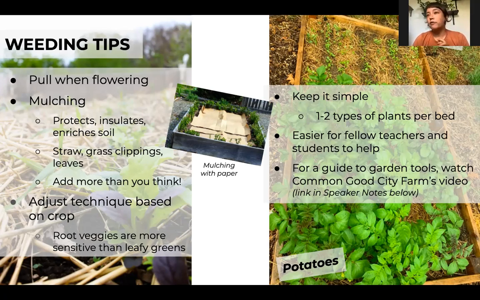I don't know if you can see, but the photo on the right behind the text shows a raised bed from one of our partner schools, Friendship Armstrong. There are turnips on one side and potatoes on the other, and you can very easily tell there are two different types there.